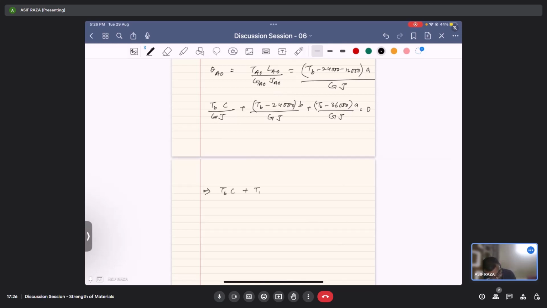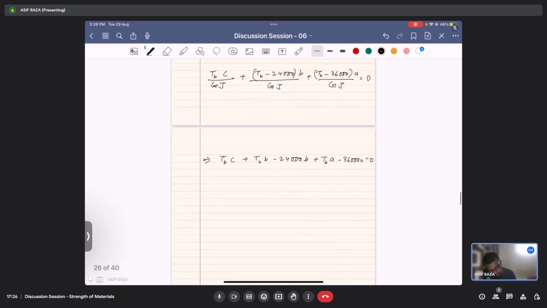TB C plus TB times B minus 24,000 B plus TB times A minus 36,000 A equals 0. This will give me TB times A plus B plus C, and this is equal to 36,000 A plus 24,000 B.